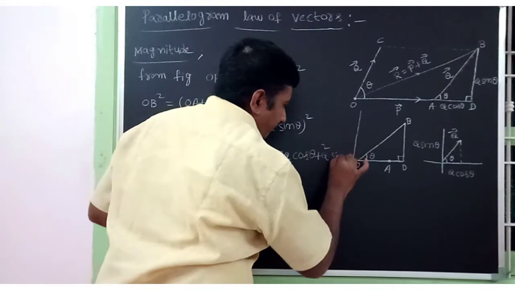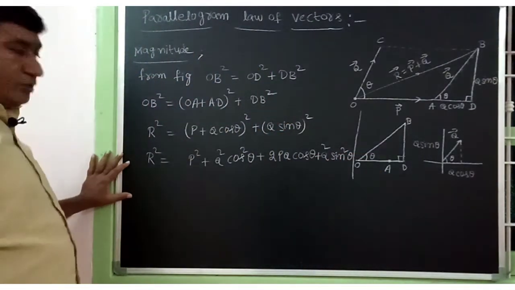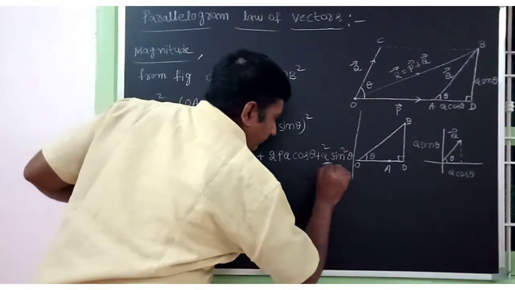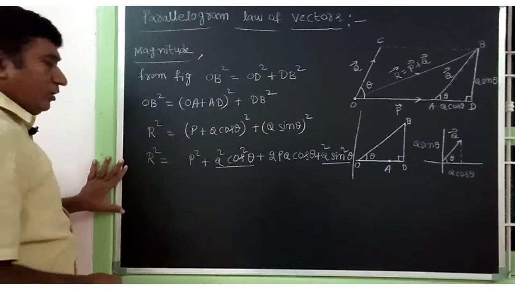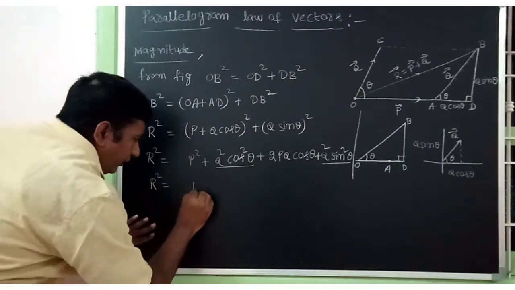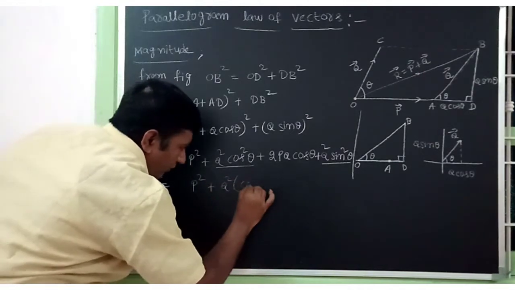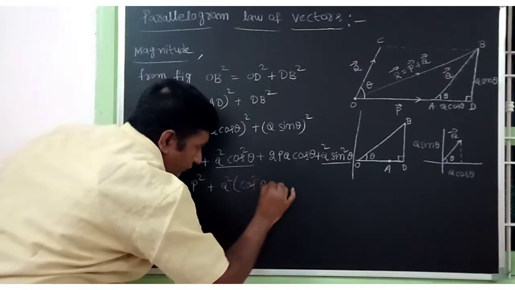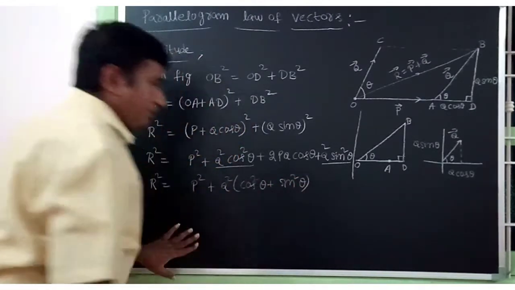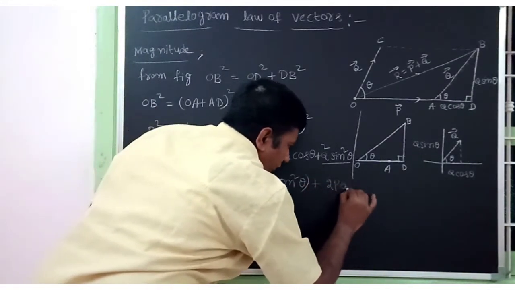Here Q square is common, so R square equals P square plus Q square times cos square theta plus sin square theta, plus 2PQ cos theta.